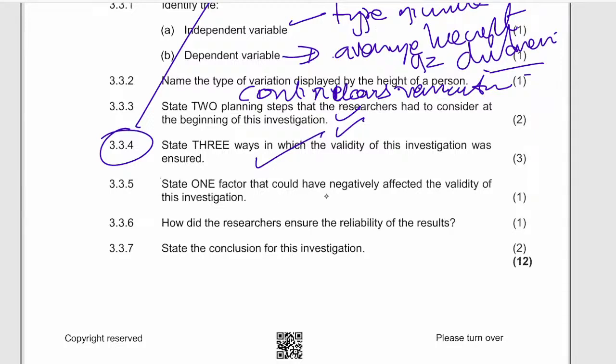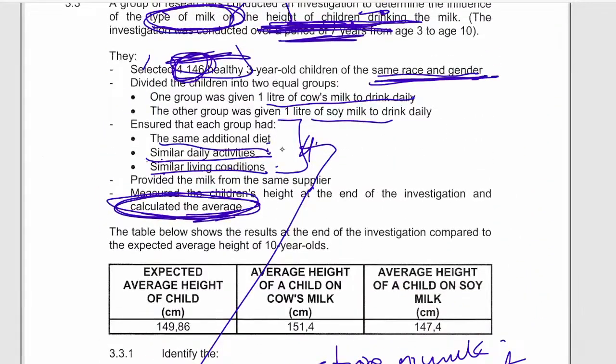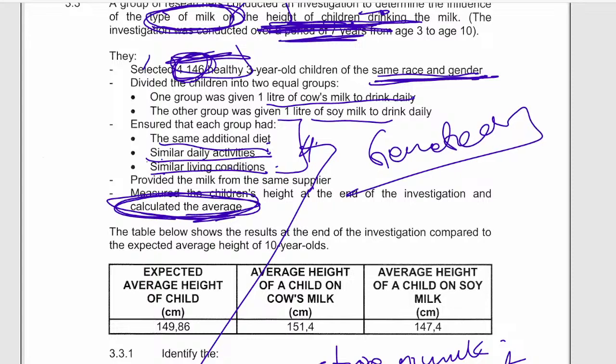State one factor that could have negatively affected the validity of this. What will affect this? The genetics. You can be provided with all this, but when the genes are not allowing you, you can go to the gym, you do whatever you do, but the muscles can't do anything.